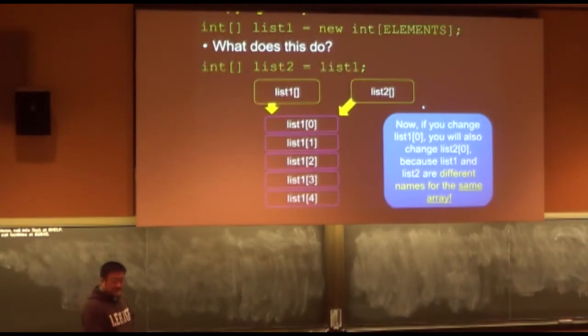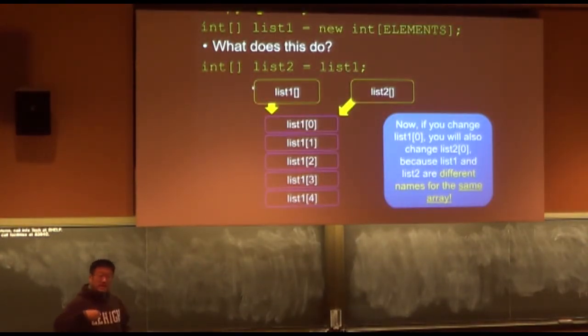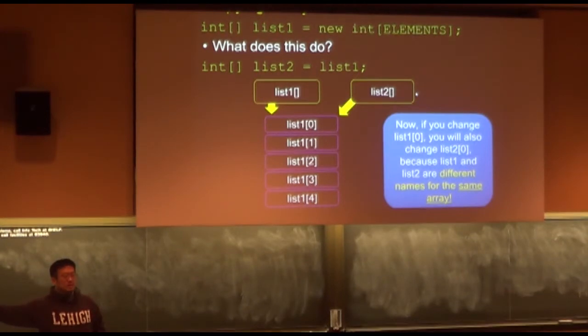So when I run a method that takes an array as input, inside that method, it makes a new variable, let's call it list2, and it points to the same memory that list1 points to. It's not the same identifier, it's a new one.